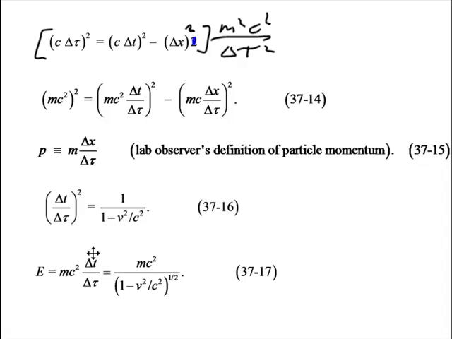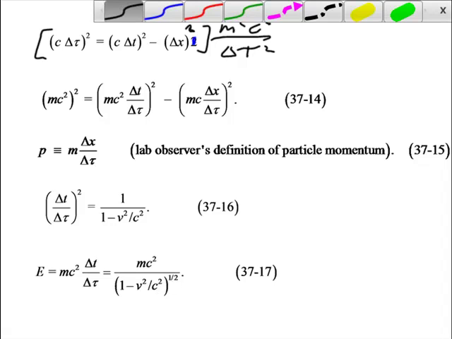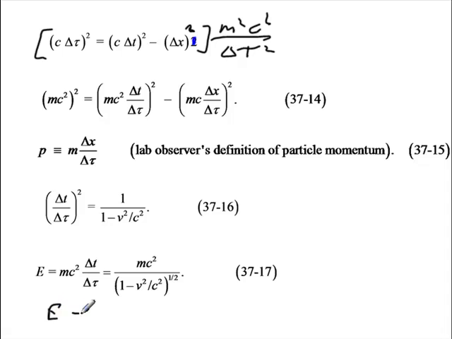How much time passes in the lab frame compared to how much time passes in the particle's own frame, which we can come through and put in our factor of gamma. This is mc squared over 1 minus v squared over c squared to the 1/2, or simply E equals gamma mc squared.